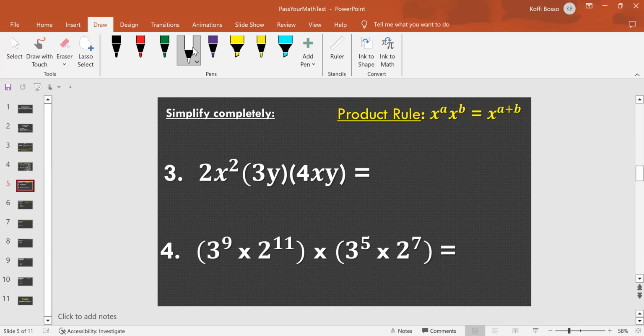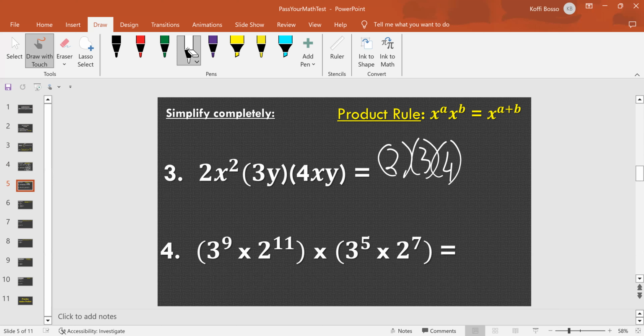So question number 3. For this question, we again need the product rule. First of all, we'll multiply the numbers. We'll multiply 2 by 3, by 4.